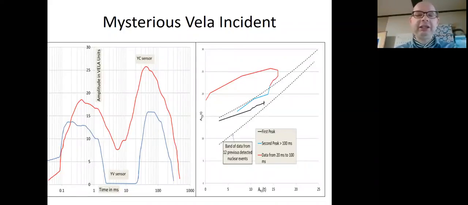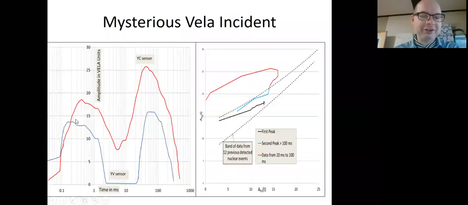But there was actually an event in 1979, which people really don't know whether it was a nuclear explosion or not. There's been a lot of speculation about whether it was South Africa testing a nuclear explosion for Israel, or maybe it wasn't a nuclear explosion at all. And this is what it looks like. And I actually looked at this in some detail.